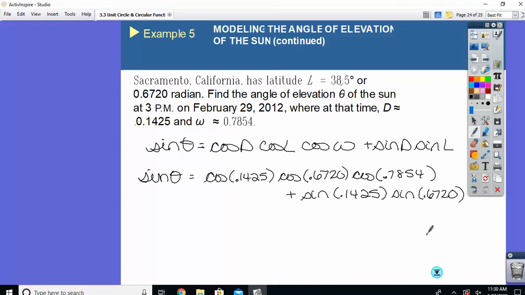So this problem looks pretty scary, but ultimately, what are you doing? Plugging it all in your calculator. You have to be careful each time you push a trig function, it opens a parenthesis, so make sure you're closing it.